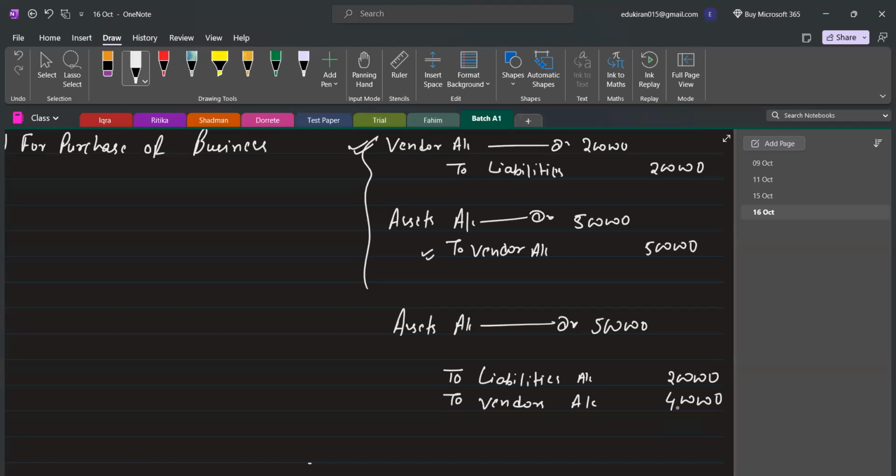So I'm telling you that I will sell you my business for 4 lakh, and you know that the difference between assets and liabilities is only 3 lakh. So why will you pay 4 lakh to me? Think about it. Goodwill. Premium. Yes, it is goodwill.